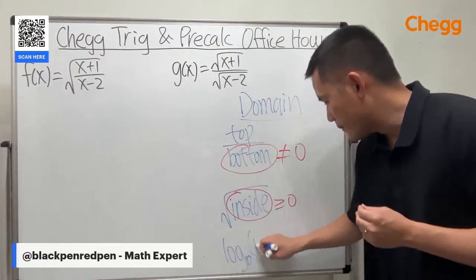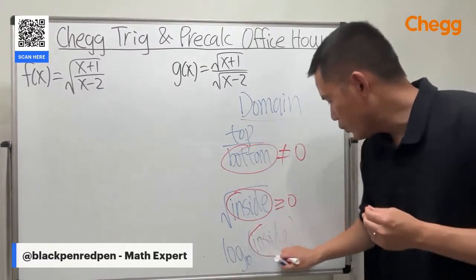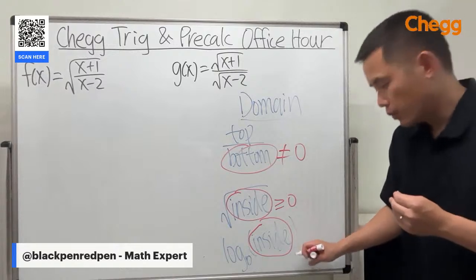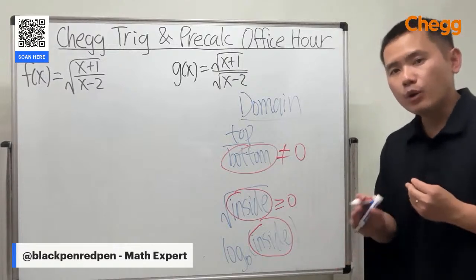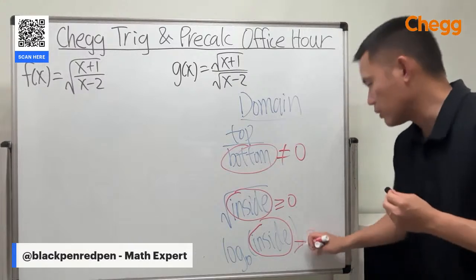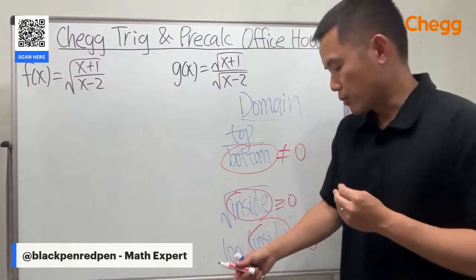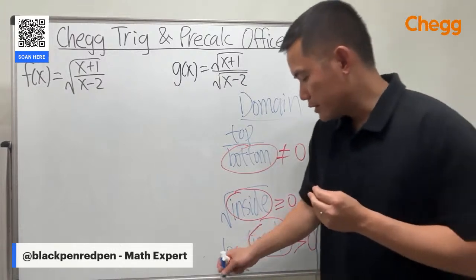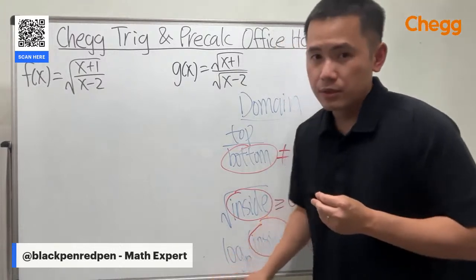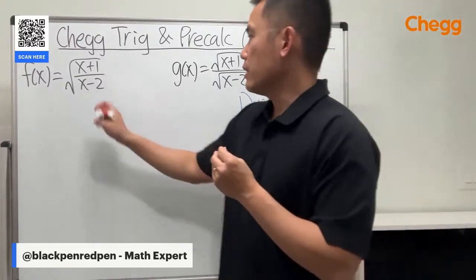Lastly, when you have a log function, you also will have to make sure the inside cannot be negative and it also cannot be 0. So this has to be greater than 0. These are the 3 cases that you have to worry about to find the domain. If you don't have these 3 cases, the domain is usually just all real numbers.